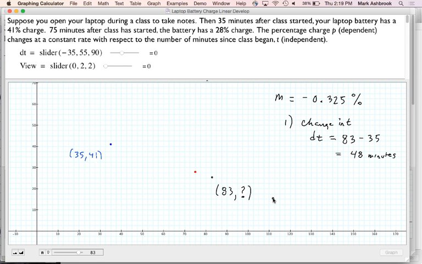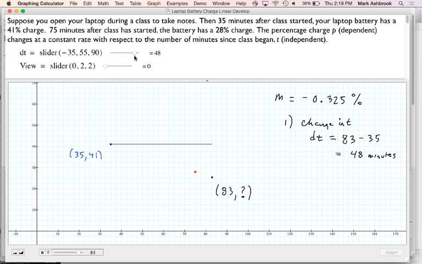If I start at our correspondence point 35, I want to represent this change, this dt of 48. We did this last time. How can I represent that? Right, and we said that dt was 48, so I'm going to set that dt to 48. Okay, so that represents our dt.